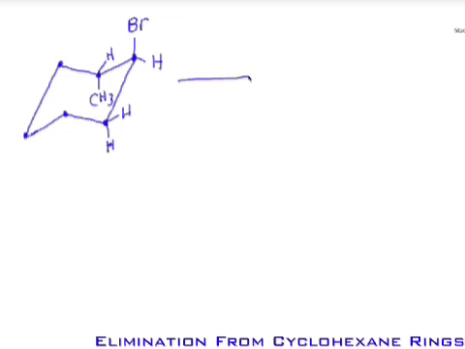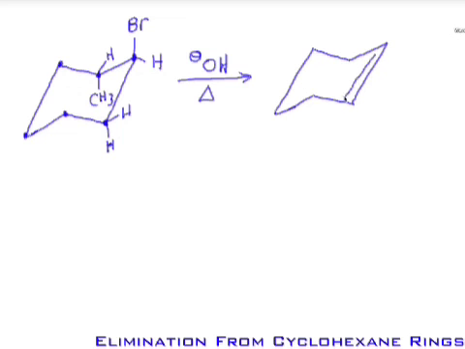When I pull this H off, if I'm given a base and the symbol for elimination, which is heat, I will get the double bond forming here. And the CH3 will still be down on the other side.